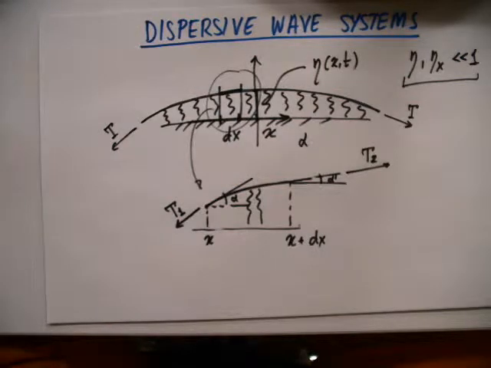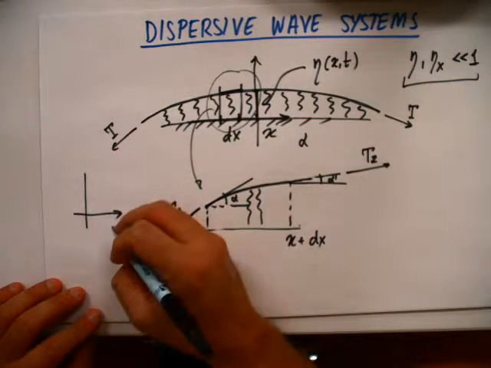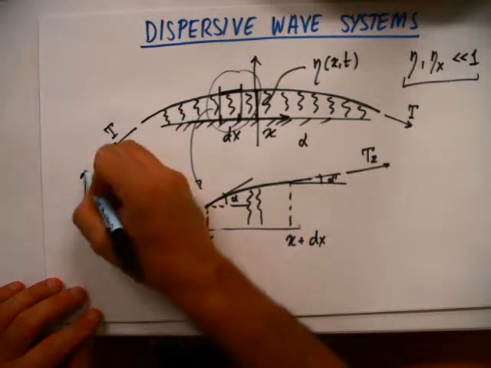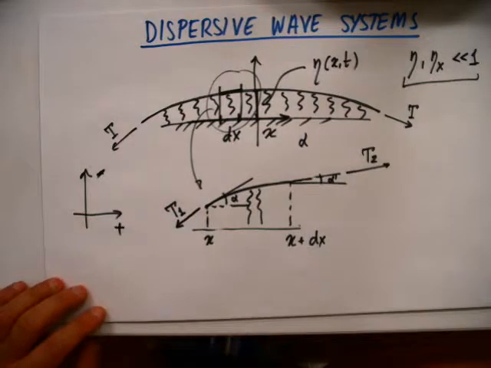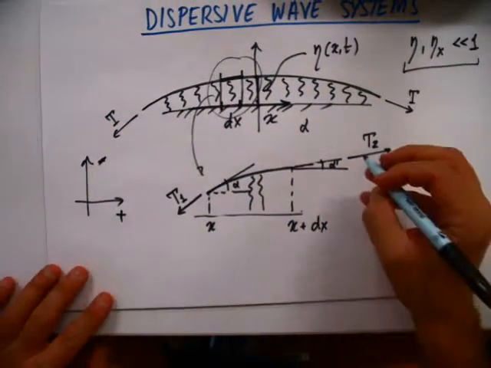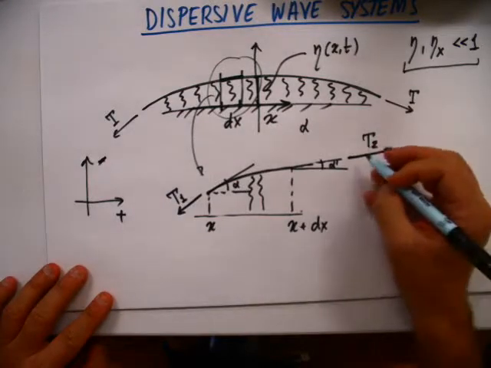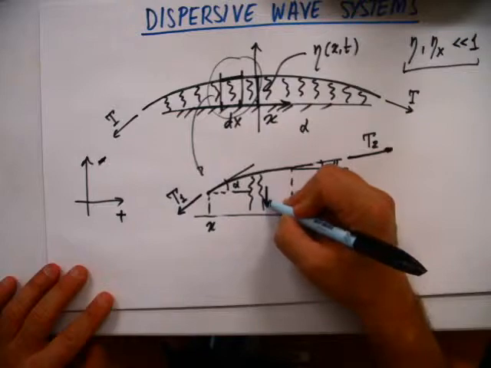And now let's apply Newton's law. So let's assume these are positive displacements. And what we need to do is decompose these forces, because remember that here we have the effect of the elastic forces.